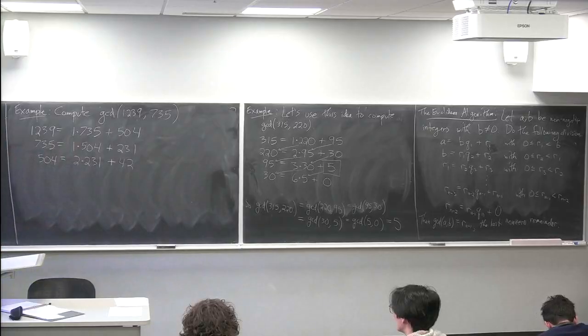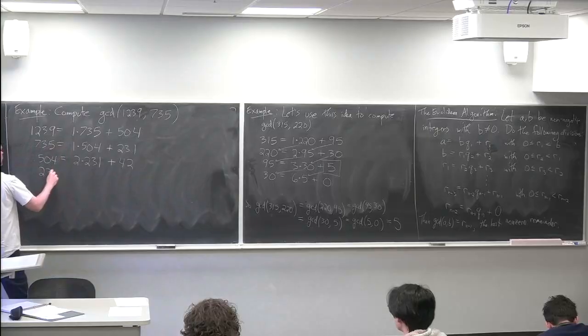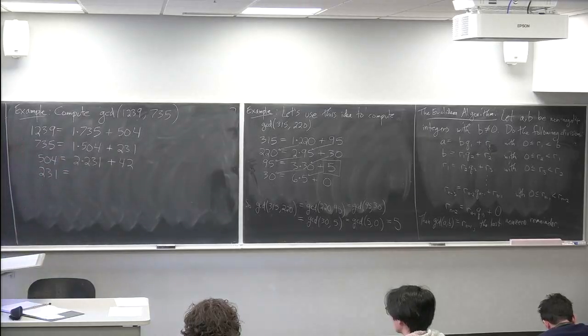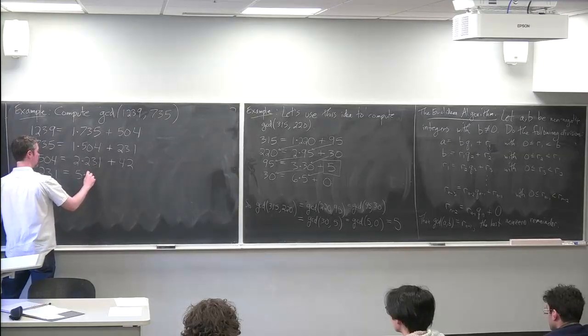Okay, and so what you notice is the numbers are kind of shrinking. At this point, we're dealing with this smaller number and this 2-digit number. So you could divide 42 into 231. That should go in 5 times, I think. 5 times 40 is 200, so that makes sense.